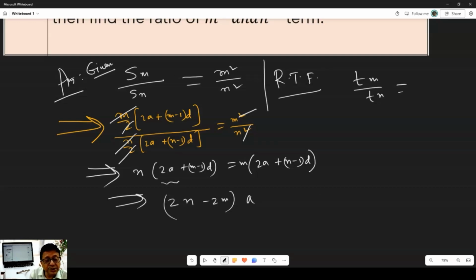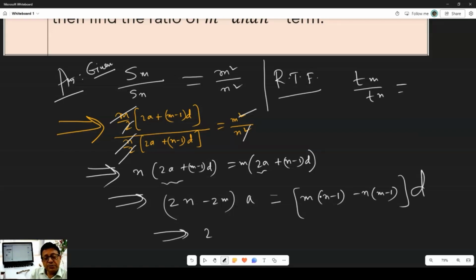I am taking all the a's together on the left hand side, equal to all d's on one side. Open the bracket and take this term on left side, right side. Clear? So this will give us twice n minus m into a, mn getting cancelled, and n minus m into d.